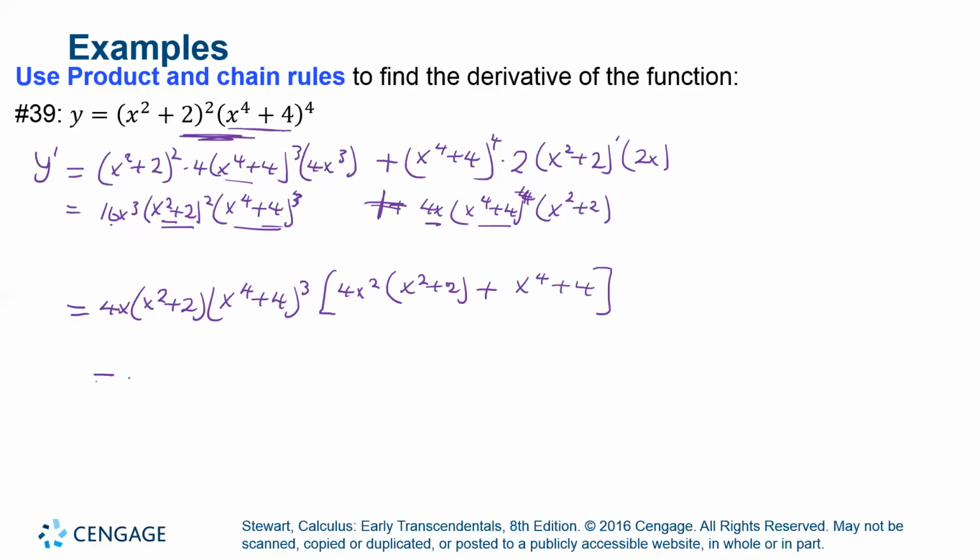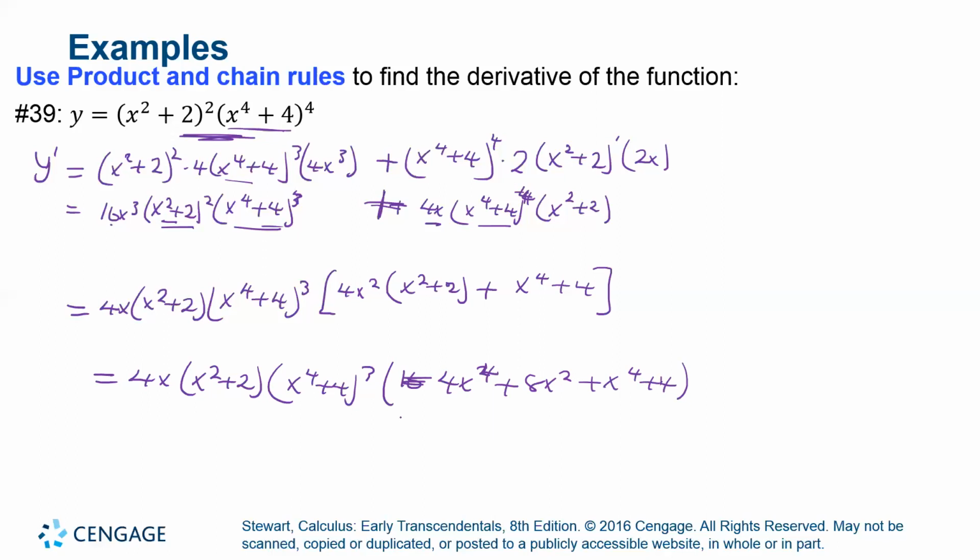Okay, so now let's simplify it again. 4x (x squared plus 2)(x to the 4 plus 4) raised to the 3rd. And what is left there? That is, sorry, not 16, that is 4x squared (x to the 4), plus 8x squared, plus x to the 4 plus 4. Okay, now look at that.